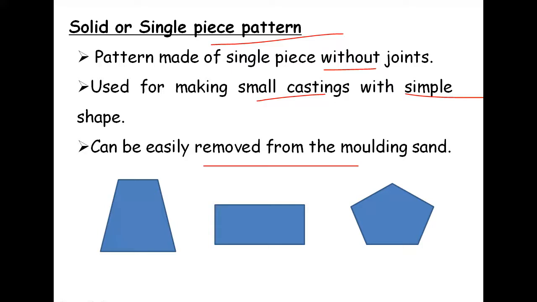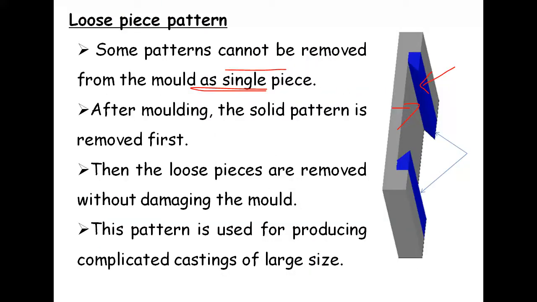Then you have to pour or spray water particles around the pattern, apply a feather touch, a little bit of force on that particular pattern, and only then can you remove it. That type of issue does not come up in the loose piece pattern.